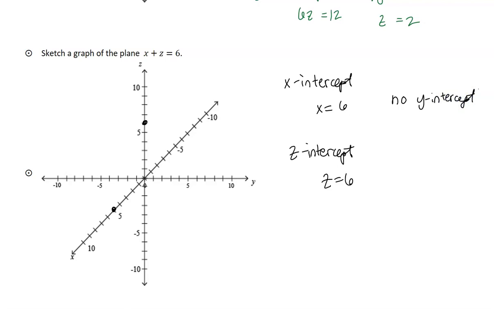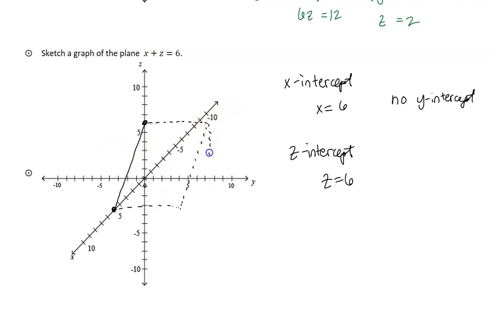So how do you graph this? Well, we're going to graph the only trace we know, which is the xz trace. And then just to demonstrate that this is a plane where y can be anything, meaning this trace can be scooted along this y-axis in any direction, what I like to do in these cases is draw out a box, or a parallelogram, I guess you would say, and trace out something that is parallel to that line that we just drew, that trace.